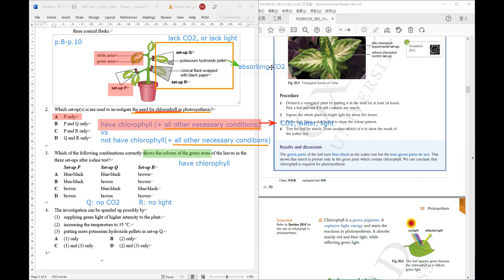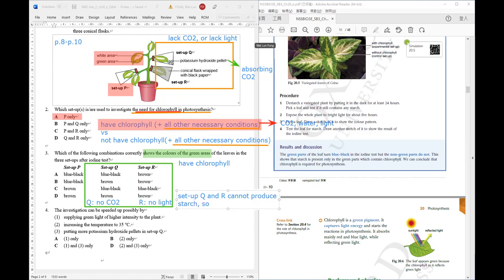So in setup Q, there is no carbon dioxide. So setup Q and R cannot produce starch.